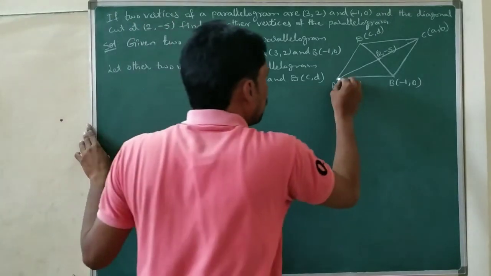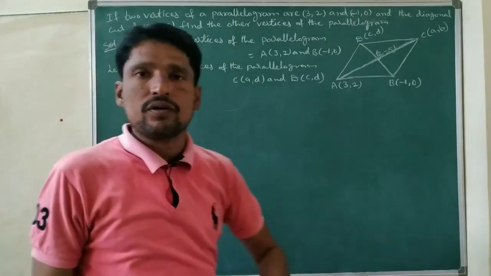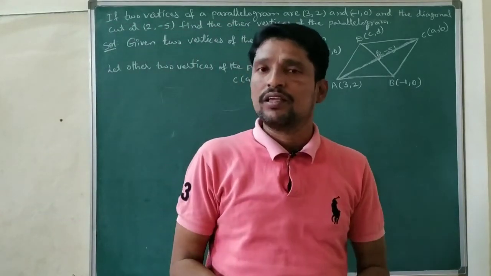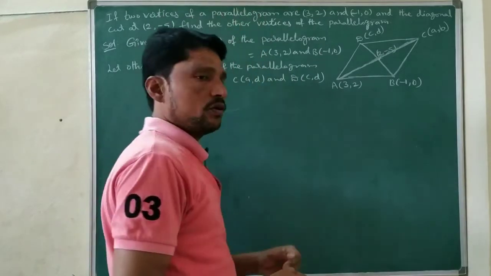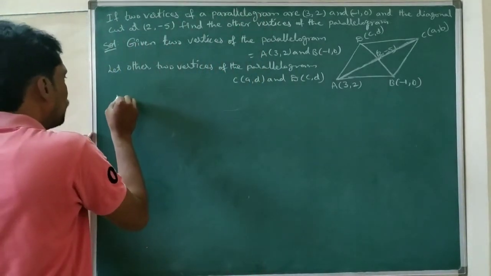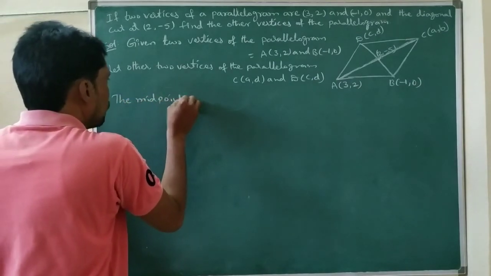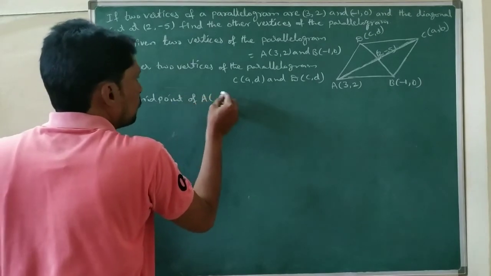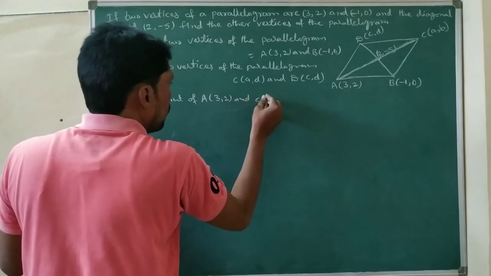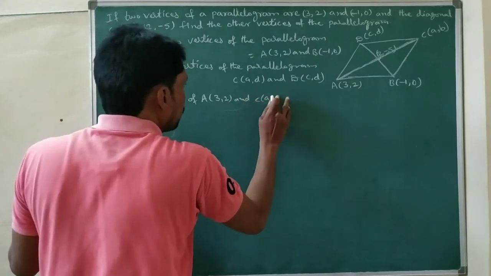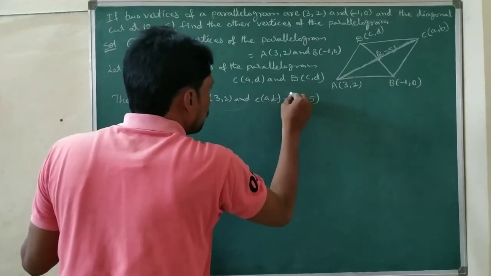So this midpoint you have to find out, the midpoint of AC. So what is the midpoint formula? Yes, it is (x1 plus x2) by 2, (y1 plus y2) by 2. Now the midpoint of A of 3, 2 and C of a, b equals 2, minus 5.